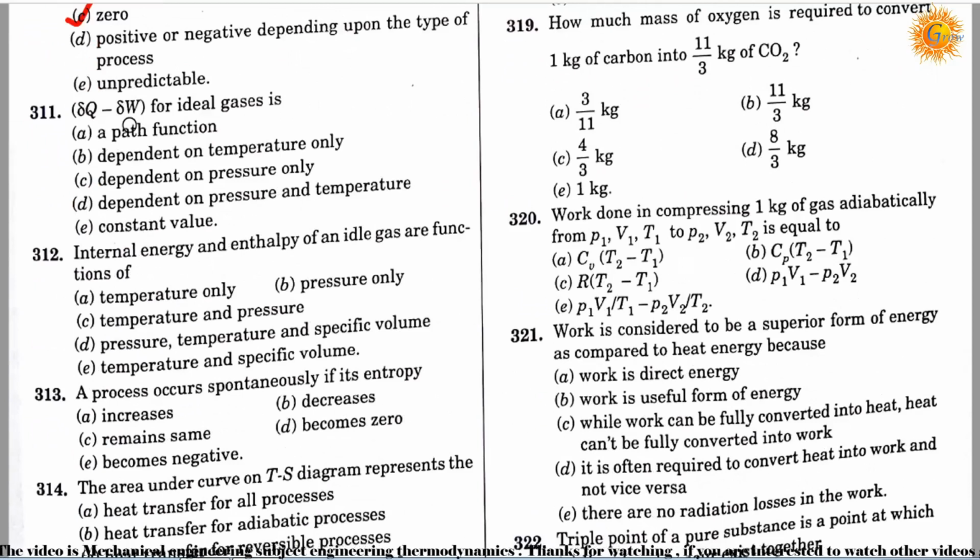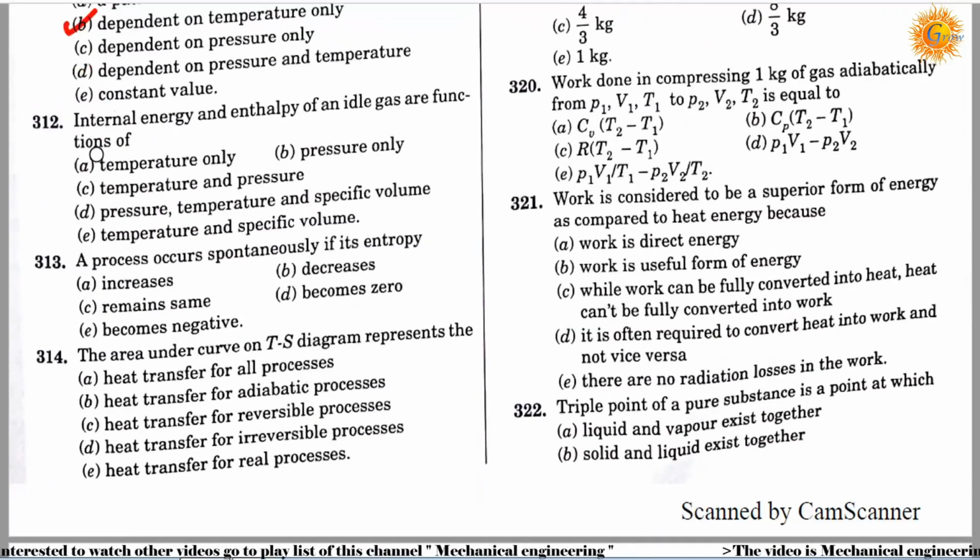Del Q upon del W for ideal gases is option A, a path function, option B, dependent on temperature only, option C, dependent on pressure only, option D, dependent on pressure and temperature, option E, constant value. So the correct answer is B, it is dependent on temperature only.